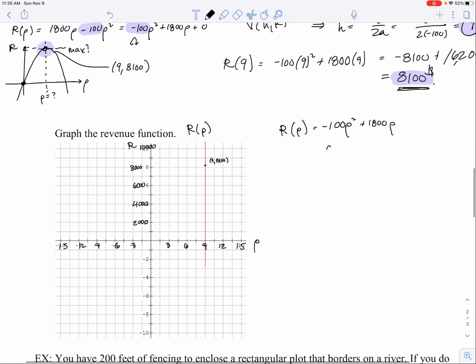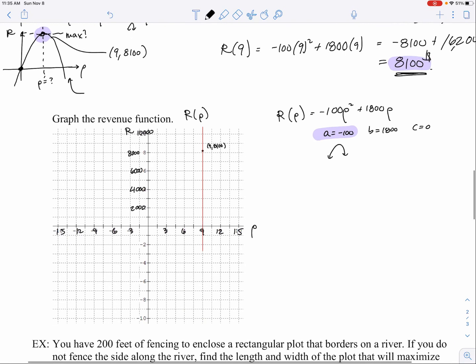And so that has an A value of negative 100, a B value of 1800, and a C value of 0. So because the A value is negative, this parabola opens downward, as we saw before. In fact, I actually already drew everything up here. I don't know why I'm doing this again, but only because the question asked us. The C value is 0, so this goes through the origin.